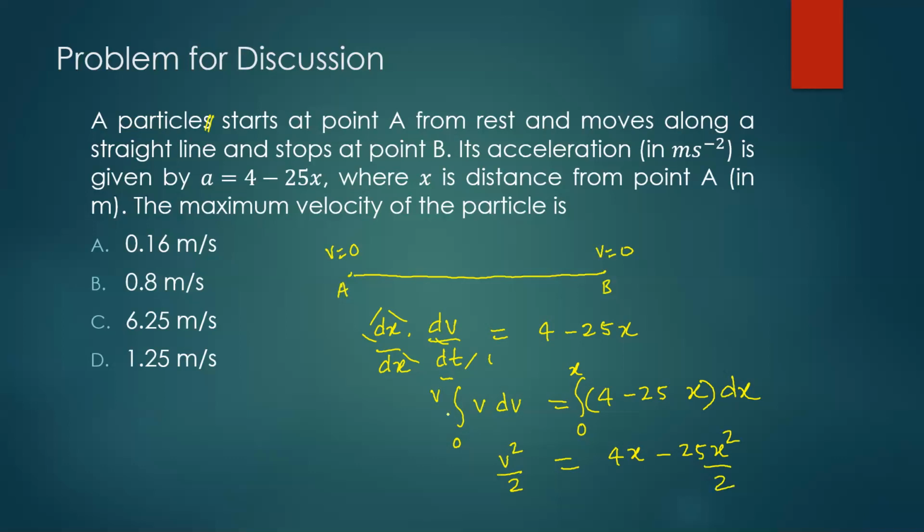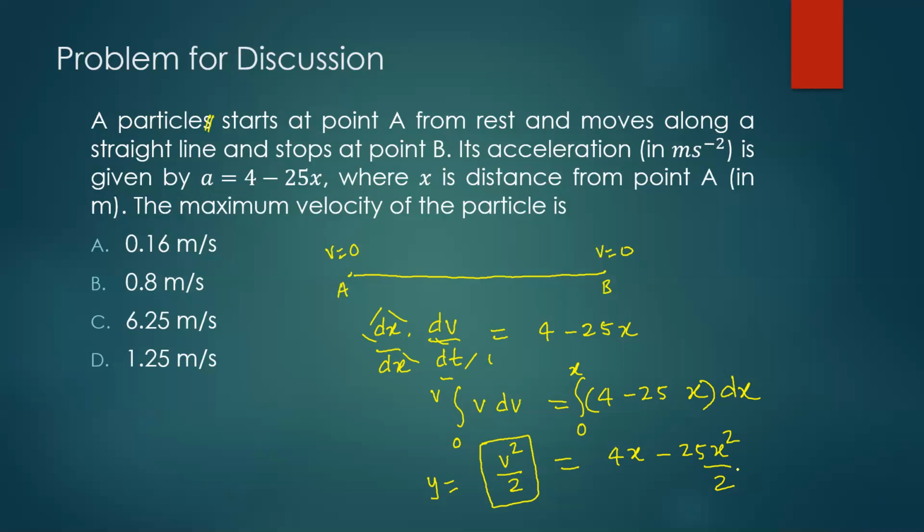Okay, now they're saying the velocity at A and B are 0. Now, if I take this v square by 2 as some function y, so if v is maximum, v square by 2 is also maximum. So that means y is maximum, right? Now, this is a quadratic expression. I think you know about quadratic expressions.